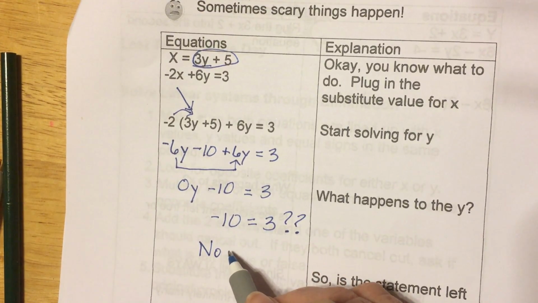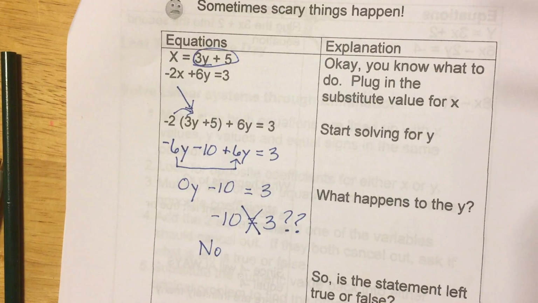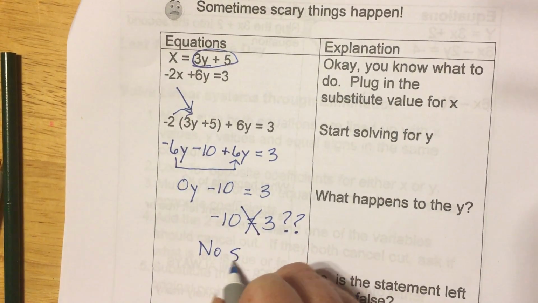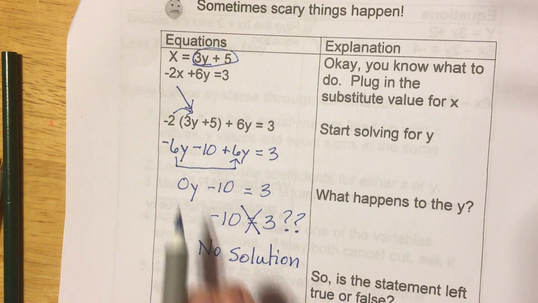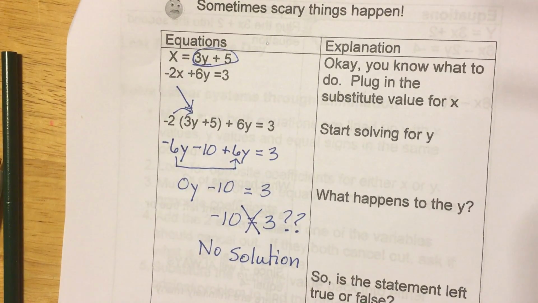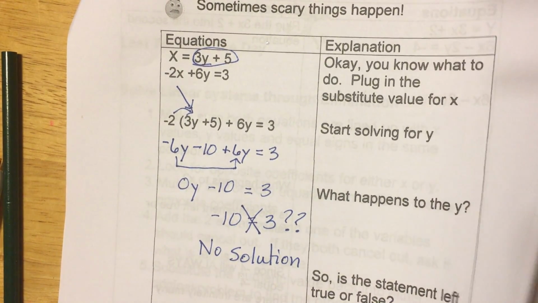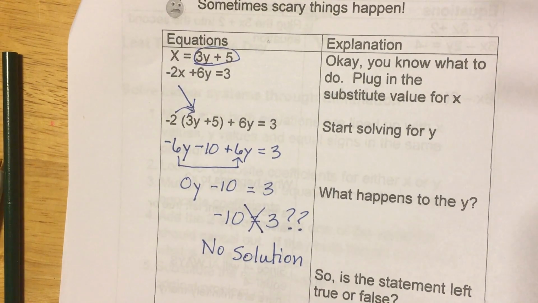So when that is never going to happen, we will say no solution. If when you go to solve these, a letter cancels out completely and you're left with a false statement, the answer is no solution. Okay, and those, if you remember from the graph, will look like two parallel lines.